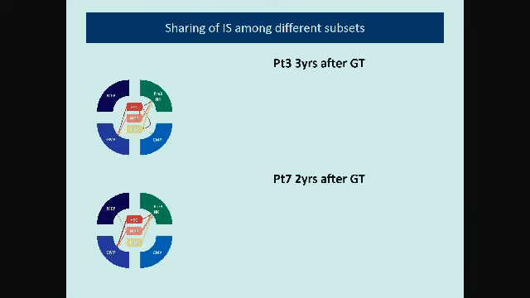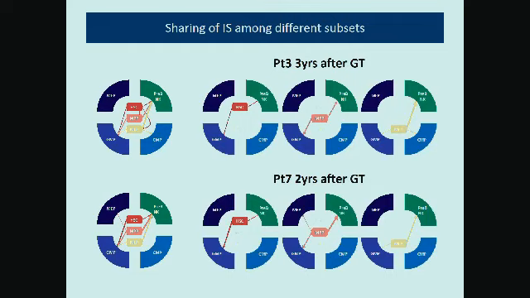The second message is that we can use integration site similarity also to track the hierarchy within the CD34 compartment. I don't have time to show other, more detailed analysis, but I wanted to leave you with the message that the sharing of integration sites between primitive and more committed progenitors makes a lot of sense with what is known in terms of biological differentiation.